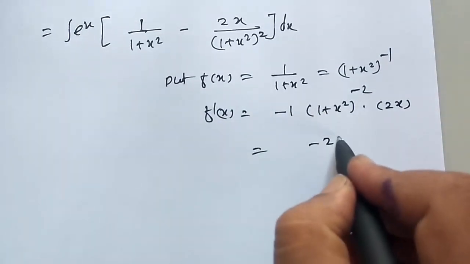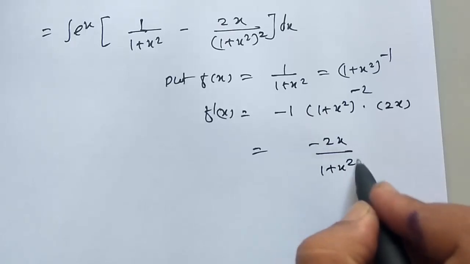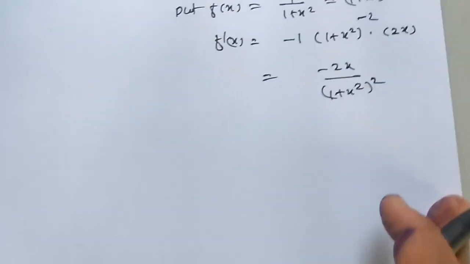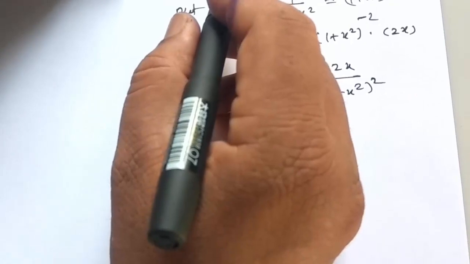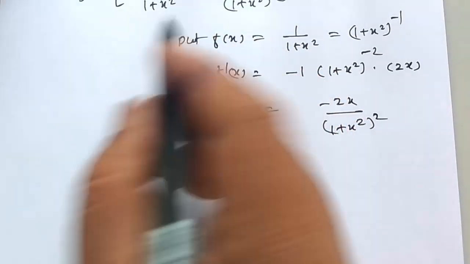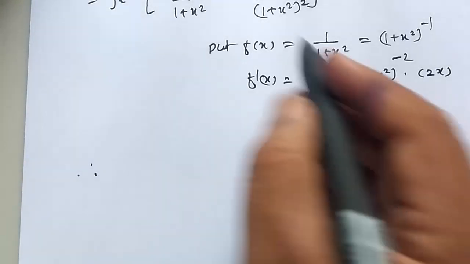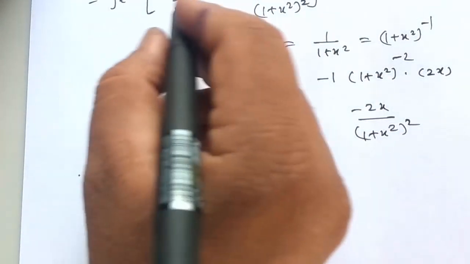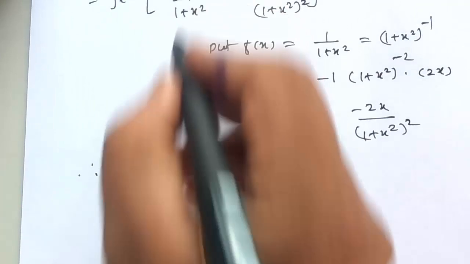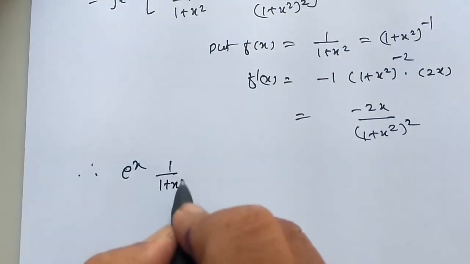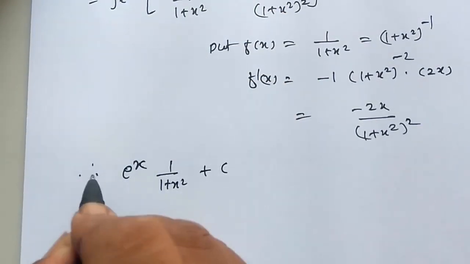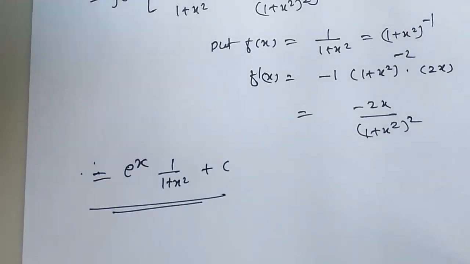So it is minus 2x upon (1 plus x square)^2. It is same as f dash of x, and therefore its integration is e raised to x, f of x, that is 1 upon 1 plus x square, plus c. So this is the answer.